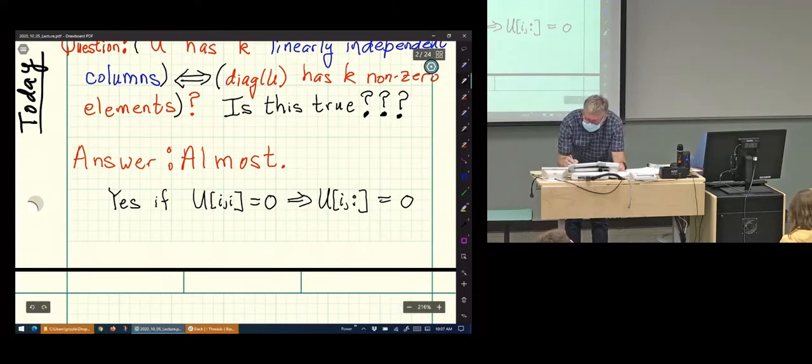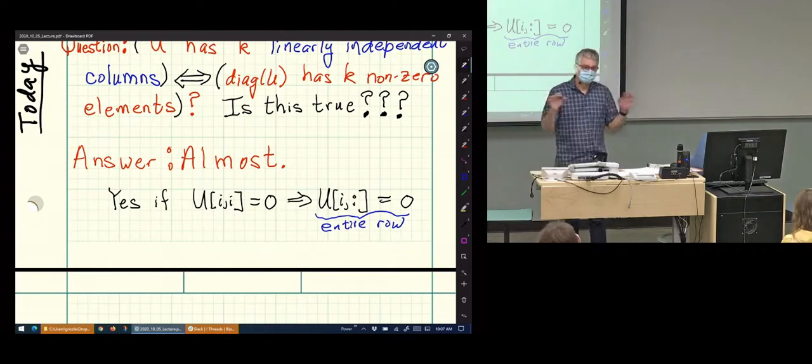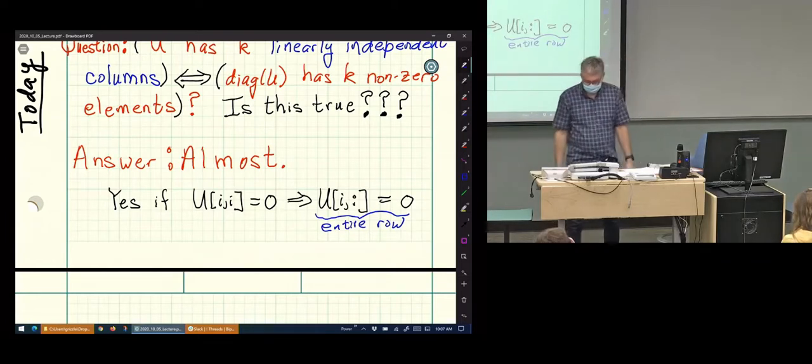Now in Julia, that would return a column, but I just don't care. It's just a vector. It's a 0 vector, so that's the entire row.